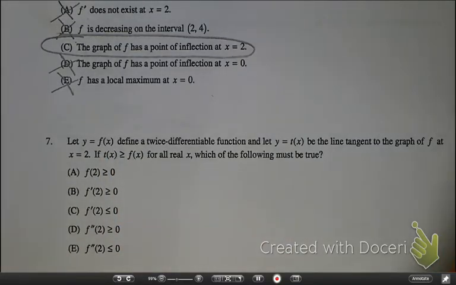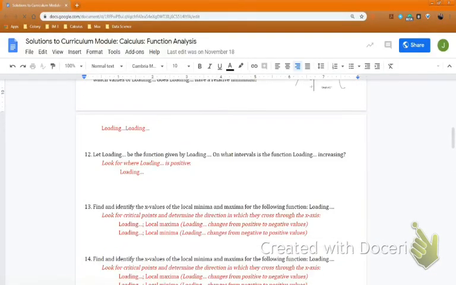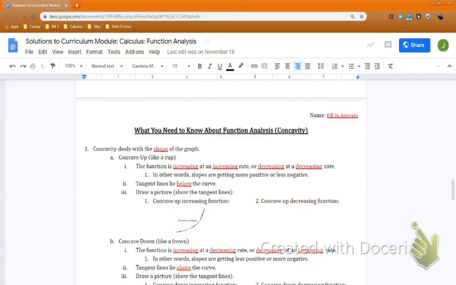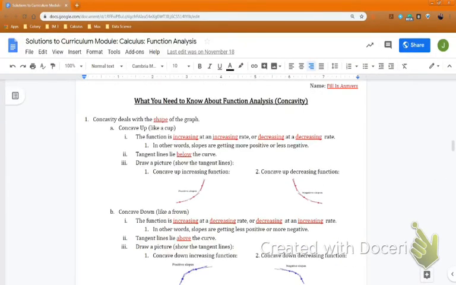So I'm actually going to pull up really quick, see if I can bring it over for us. I just want to scroll down really quick and direct your attention to this. So remember earlier we said tangent lines lie below a curve versus tangent lines lie above a curve?